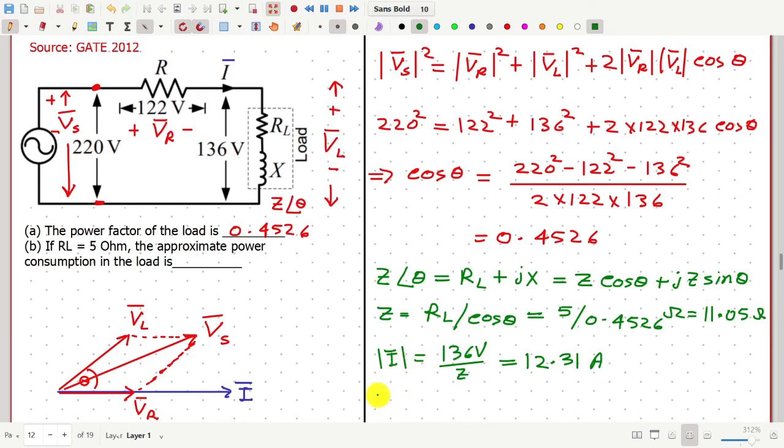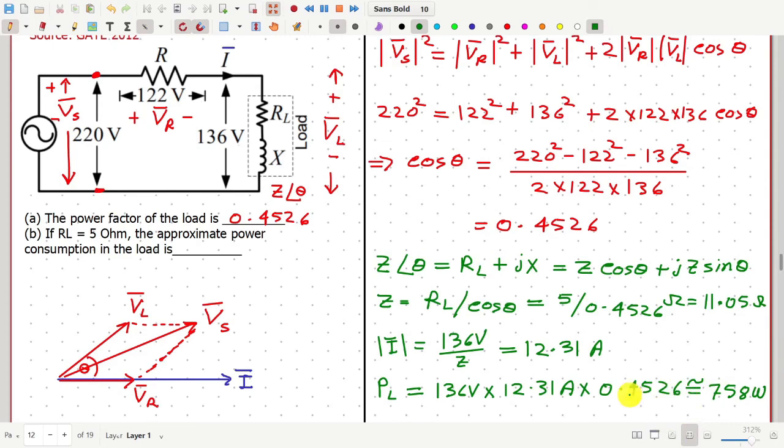Therefore we can write the load power, or power consumed by the load, equal to 136 volt into 12.31 ampere into cosine theta, the power factor, which is 0.4526. This is equal to 758 watt approximately. That is the answer.